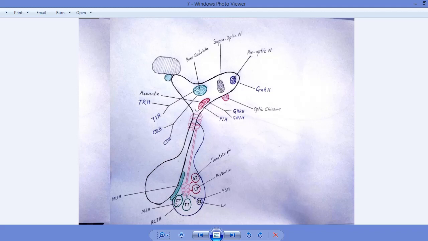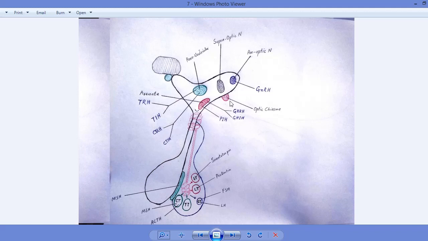Now I would like your deep attention on this slide. In this slide you can see that different nuclei are responsible for the secretion of different hormones, and these hormones are responsible for the supervision of different endocrine cells.